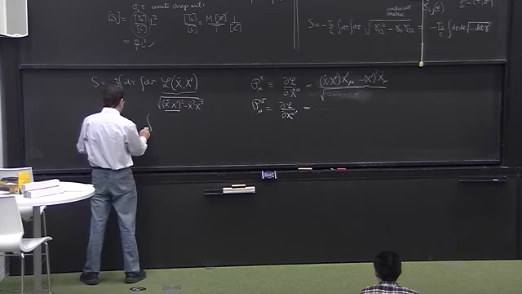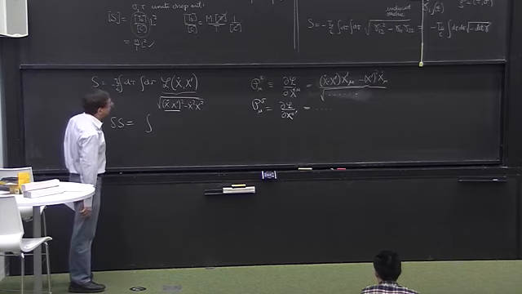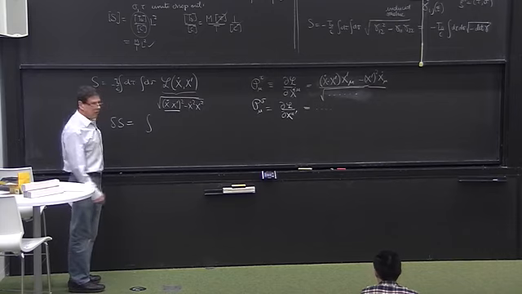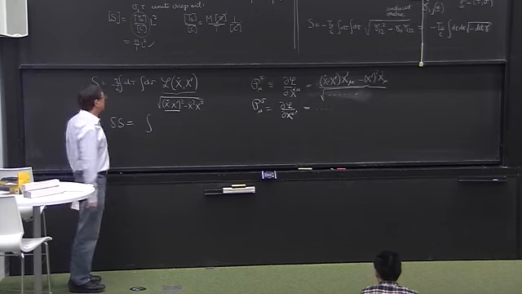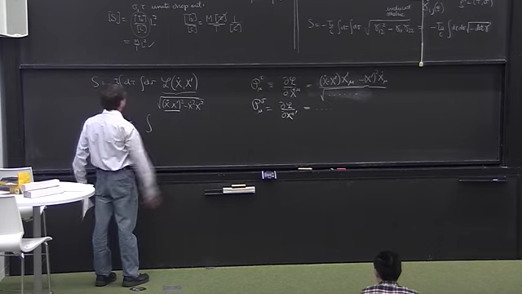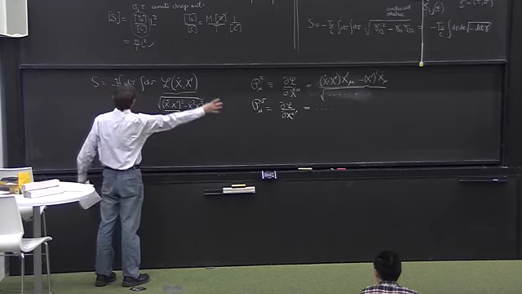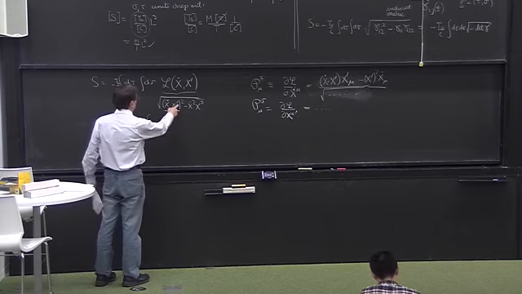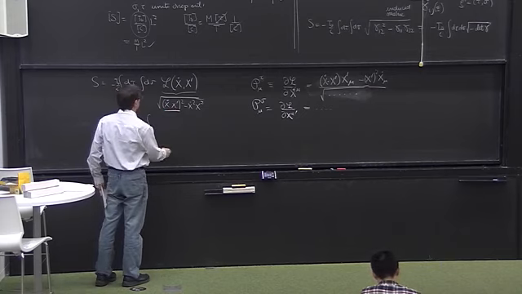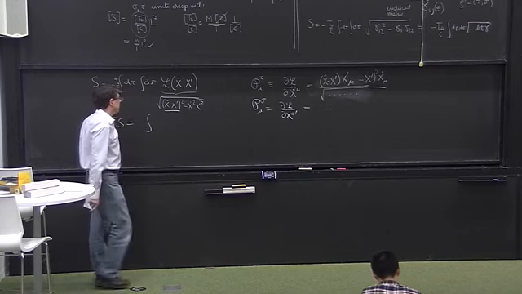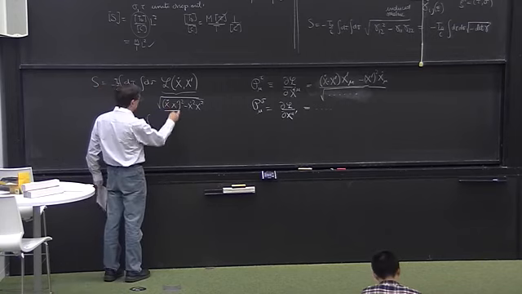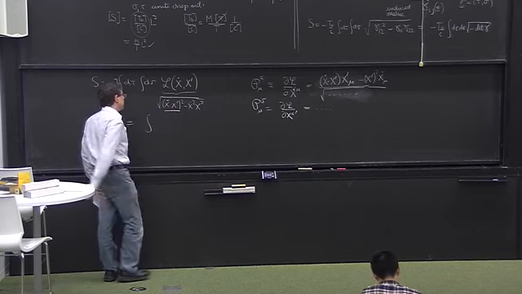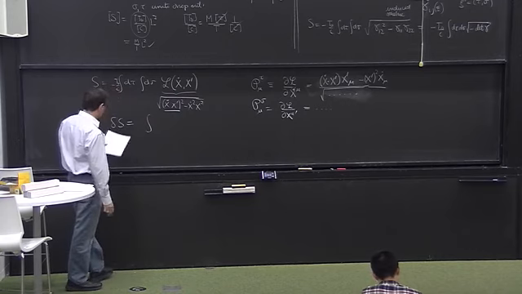And what do we get? Well, I'll rely on your remembering or having notes of how we varied the other one, because it's exactly the same. The only difference is that primes were x derivatives and dots were time derivatives. Now primes are sigma derivatives and dots are tau derivatives.